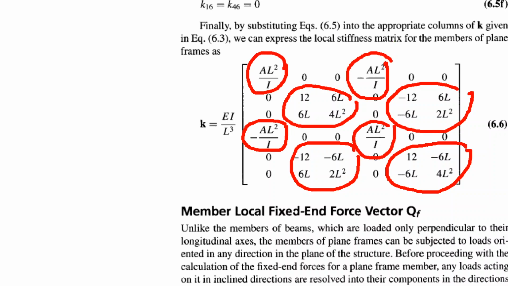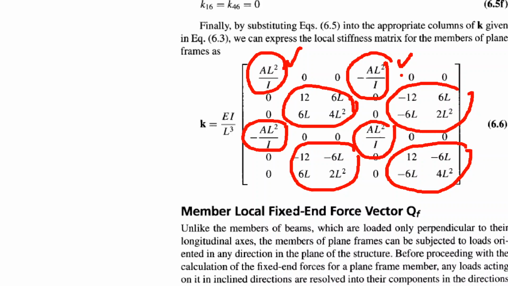So therefore we now consider the axial deformation. The last problem or topic, we didn't include the axial deformation, and we assumed negligible axial deformation. So today we'll consider the axial deformation.